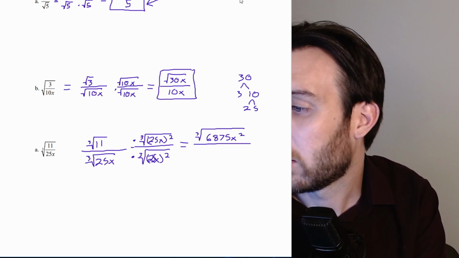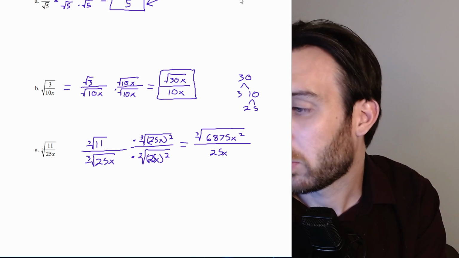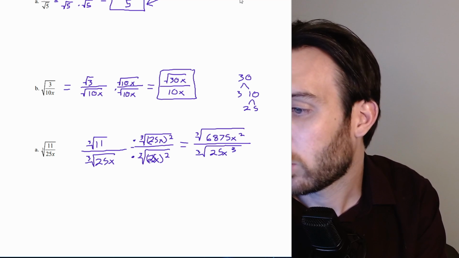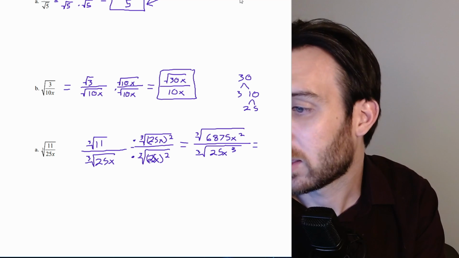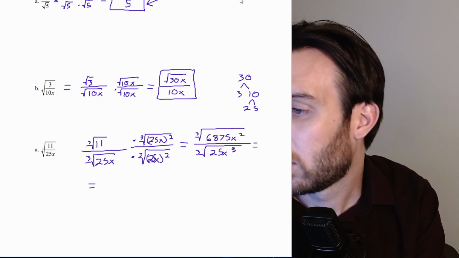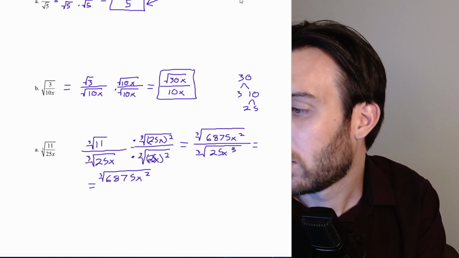And on the denominator, I have 25 x's squared and then multiplied once more gets me cubed, and a cubed root cancels away. So exactly what I would like. That gets me the cubed root of 6875x squared divided by 25x, that should be in parentheses, excuse me, 25x.